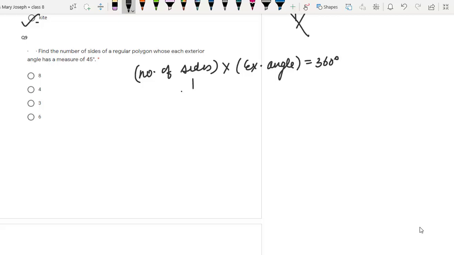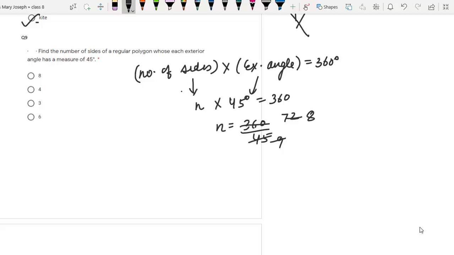So let's use this. Let number of sides as n into the value of exterior angle given to us is 45 degree. It is equal to 360. So n equal to 360 upon 45. Let's solve it. So it is 8 number of sides.